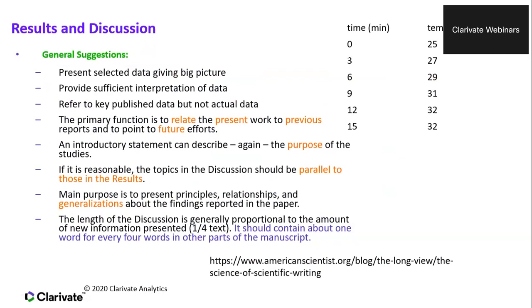Now, in terms of writing style, the discussion can be written in both the present and past tense. Current knowledge is stated in present tense, whereas when you report your own findings, that is in past tense.